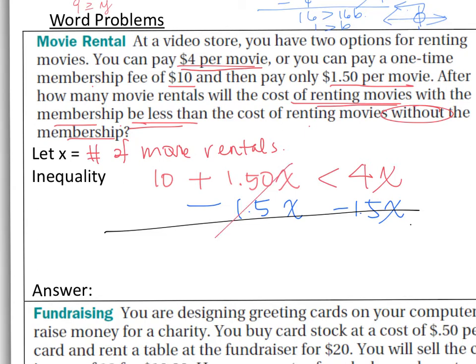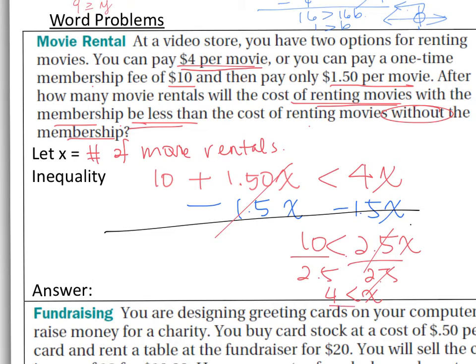And now you can solve the inequality by subtracting 1.5x to both sides of the inequality. Cancel that out. 10 less than 2.5x. Divide by 2.5 on both sides. So 4 less than x.